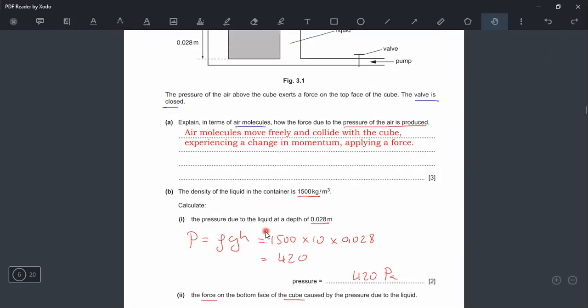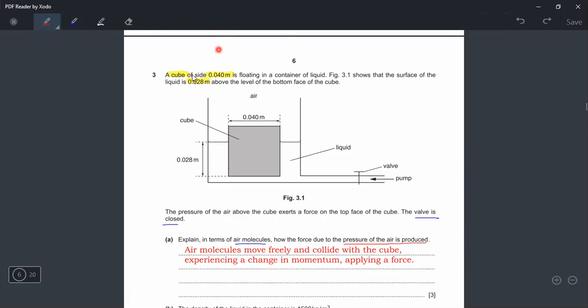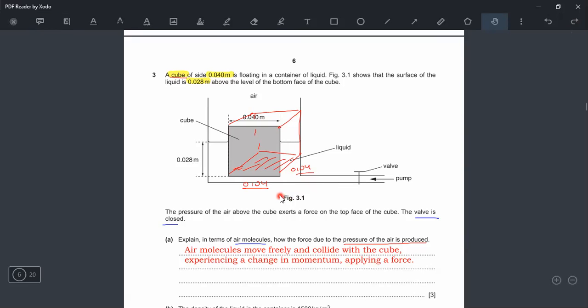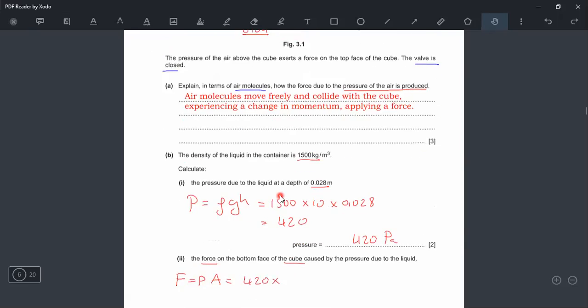I'll go back to the diagram for a second. He did say that this is a cube. So if you visualize this again correctly, this is a cube with equal sides. So 0.04, and this is also 0.04. So the area of the bottom face or the top face is 0.04 times 0.04, or 0.04 squared, because it's a square, a cube.